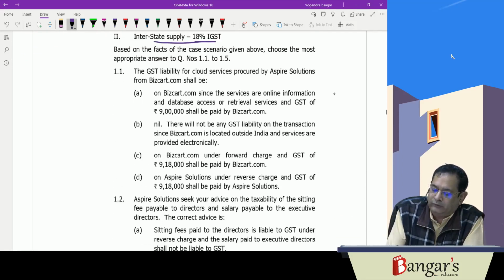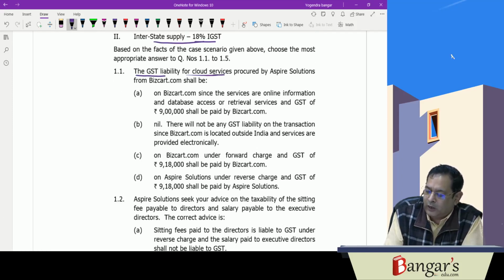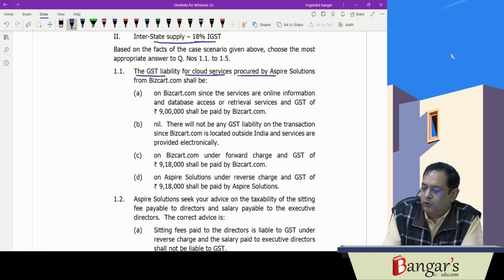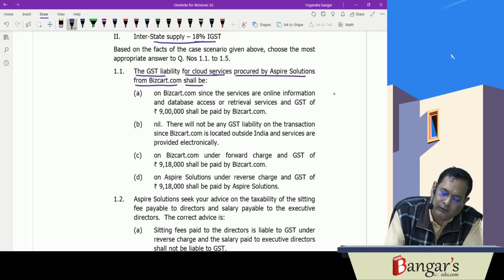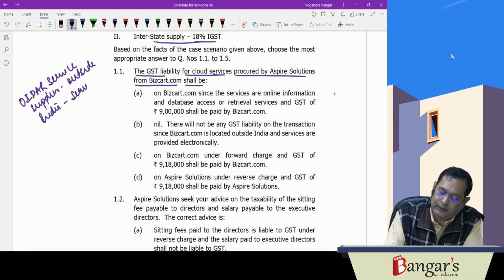The GST liability for cloud services procured by Aspire Solutions from bizcard.com. As we have seen, the service supplier is outside India, and the service is supplied to a registered person.